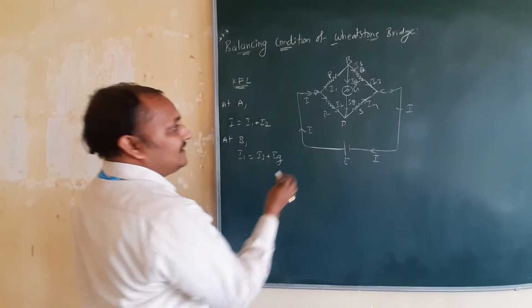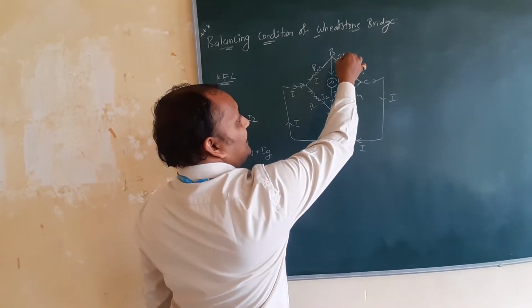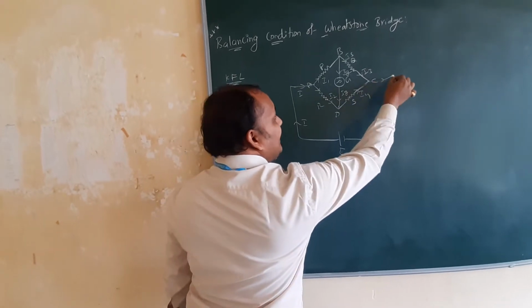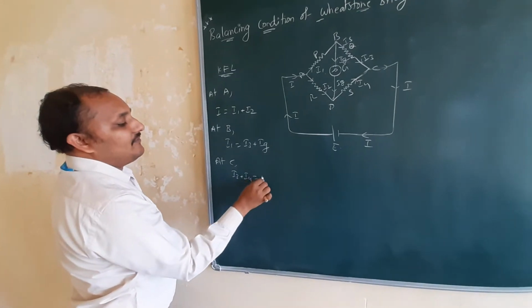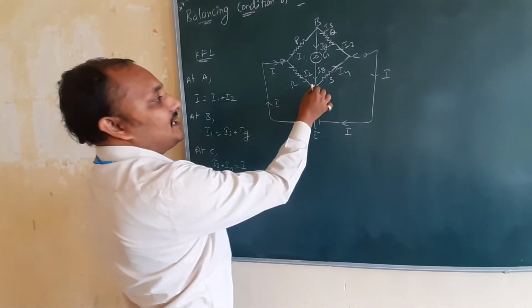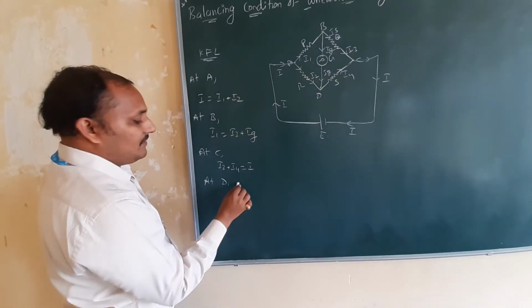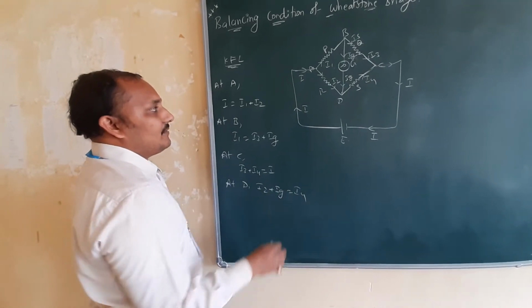Next, at C we will see. At C, what are the entering currents? I3 is entering, I4 is entering. What is the leaving current? I3 plus I4 is equal to I. At D, what are the entering currents? I2 and IG. What is the leaving current? I4. I2 plus IG equals I4.